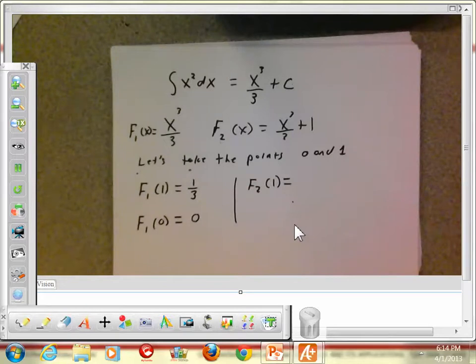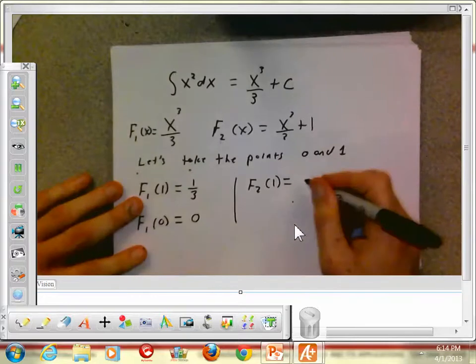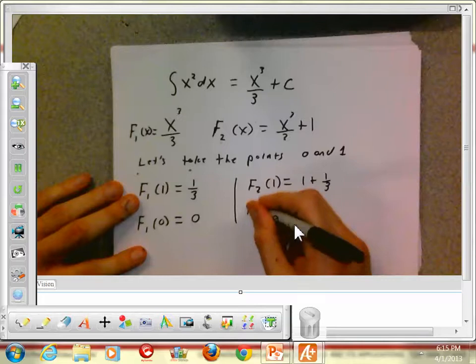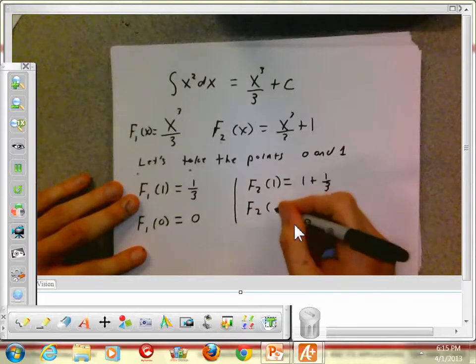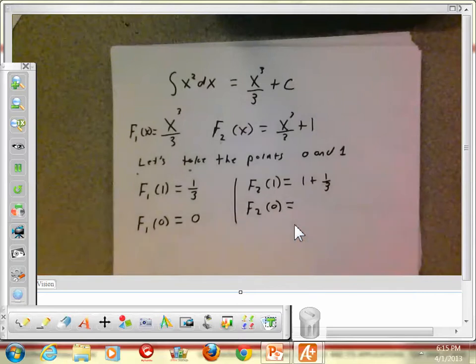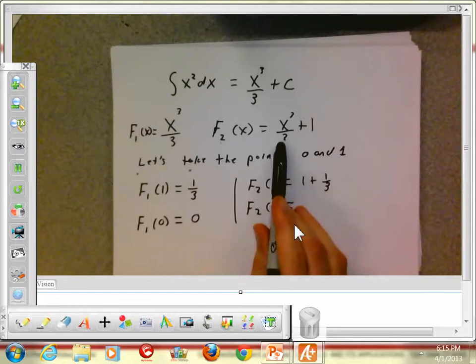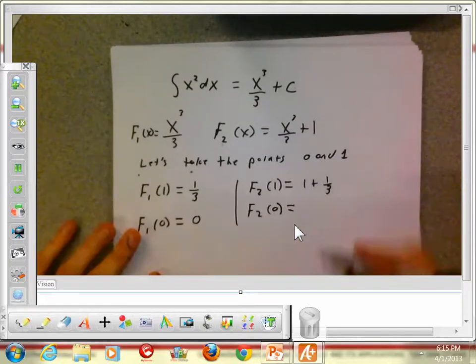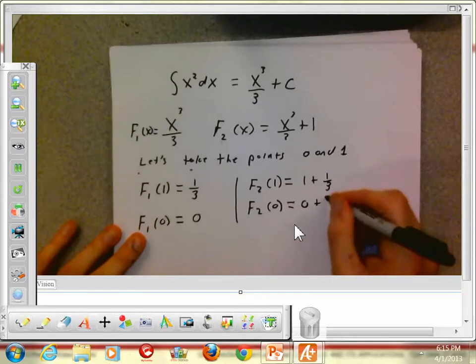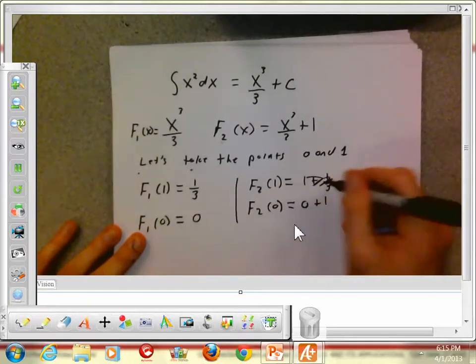I want you to simplify it: 1 plus 1/3. And f2 evaluated at 0? If I plug in 0 here, it's 0 plus 1, so 1.